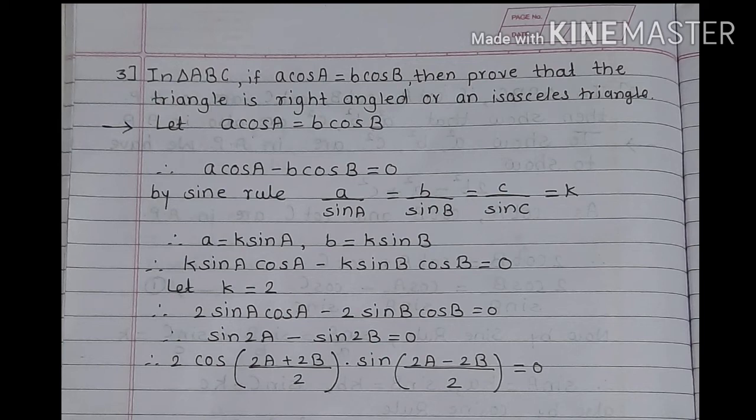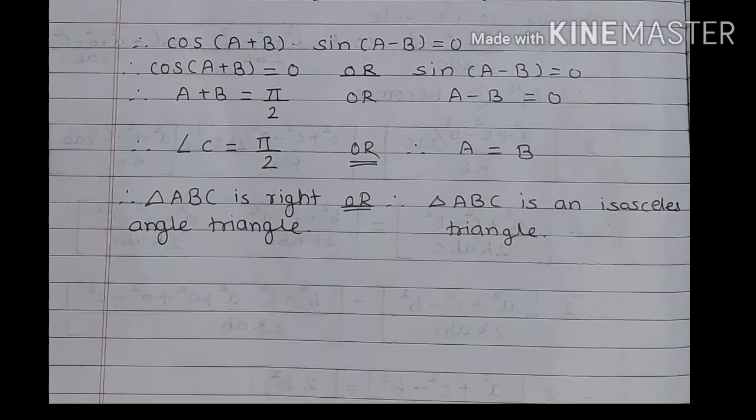Here the value of c is 2a and d is 2b. So it becomes 2 times cos of (2a plus 2b) upon 2 into sin of (2a minus 2b) upon 2 is equal to 0. Simplifying this, we get cos of (a plus b) into sin of (a minus b) is equal to 0.